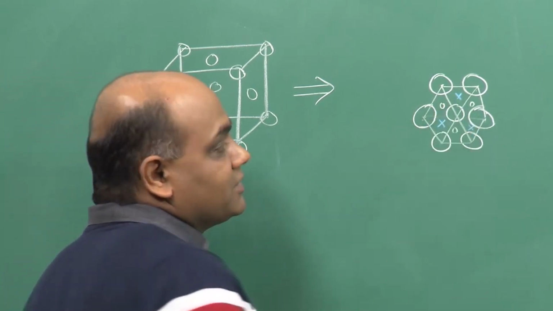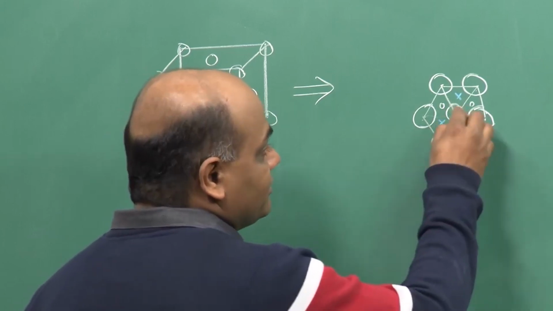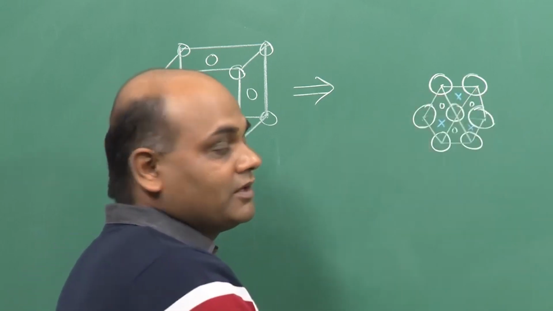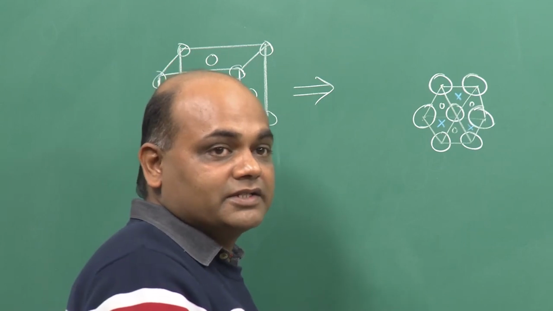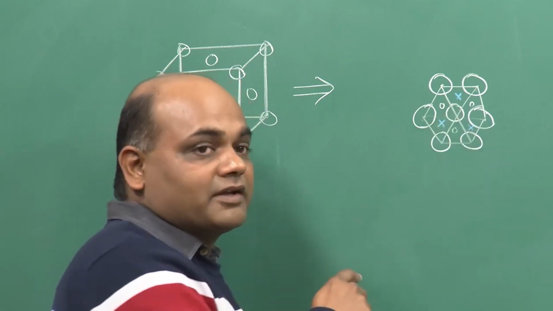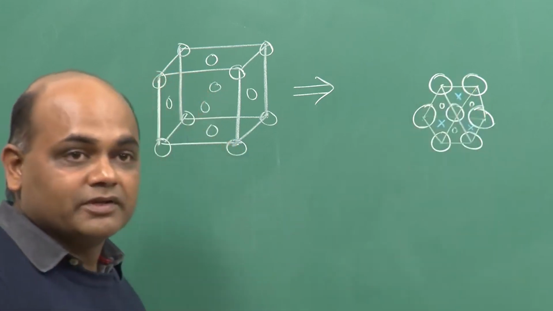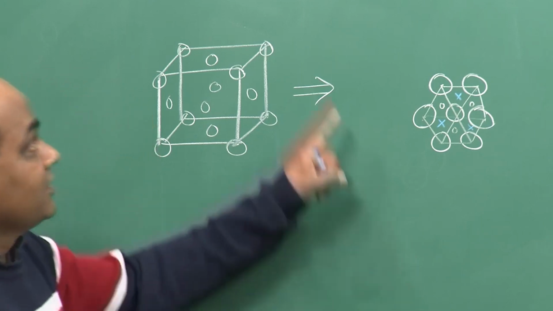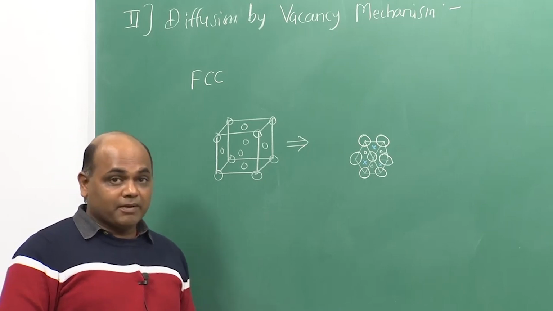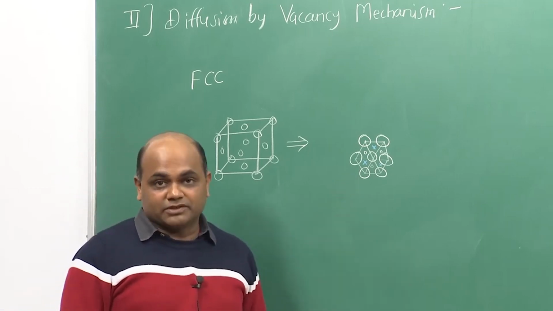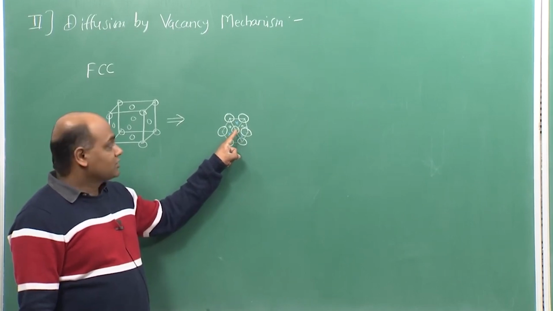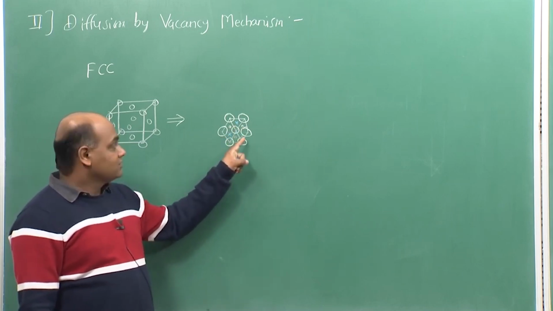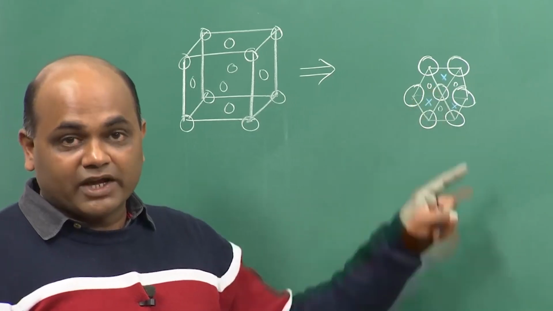So, these crosses are the 3 nearest neighbor atoms of this central one, which are lying in the plane below this plane, and the dots are the 3 nearest neighbor atoms of this central atom which are on top of this plane. So, 6 plus 6, there are 12 nearest neighbors, and the vacancy diffusion most probably takes place by nearest neighbor jumps. So, this central atom has 12 possible sites onto which it can jump, if a particular site happens to be a vacant site.